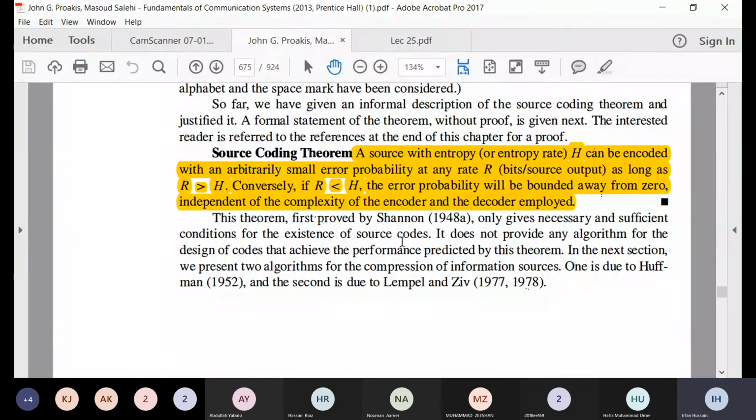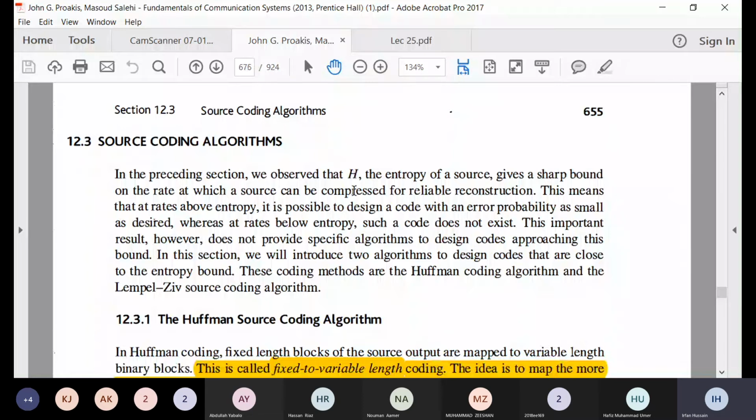Discussion, you can see here. This gives us the famous source coding theorem: let us say we have a source which has entropy H. If you are sending that source with a rate R which is greater than H, no problem, you still have a small error. But if you choose the rate to be less than H, then the error will grow.